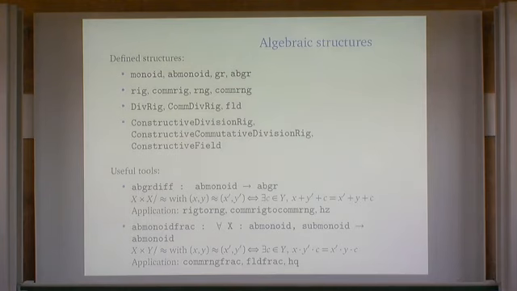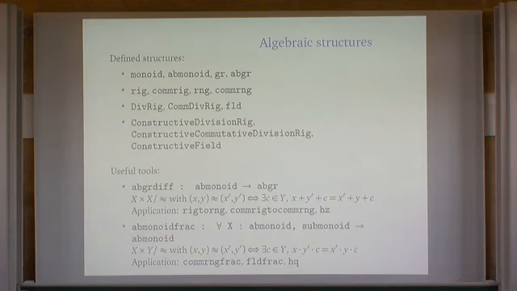As algebras, there is a definition of monoids, abelian monoids, rings, and abelian groups. For one operator, with two operators, we have other structures with only addition and multiplication, and some structure with a multiplicative inverse.